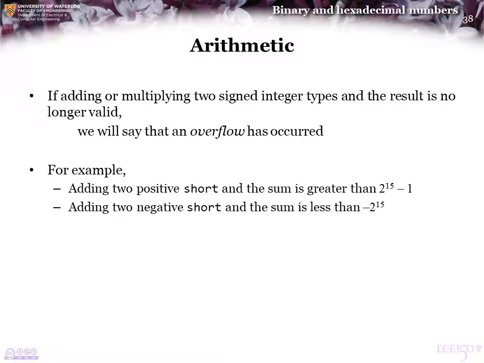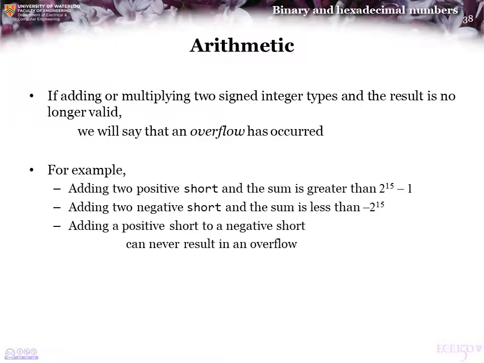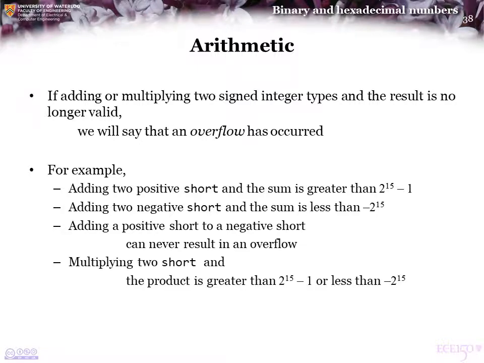Adding 2 negative shorts and the sum is less than negative 2 to the 15. Adding a positive and a negative short together can never result in an overflow. Also, multiplying 2 shorts and the product is greater than 2 to the 15 minus 1 or less than negative 2 to the 15. If any of these operations occur, we shall say that an overflow has occurred.